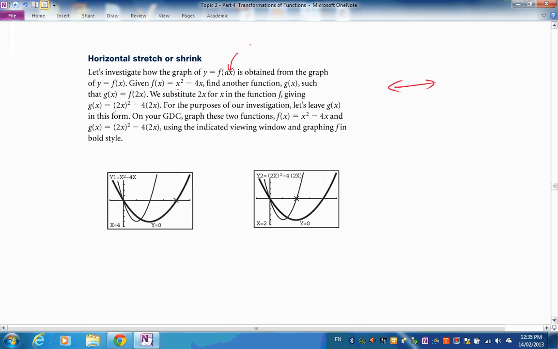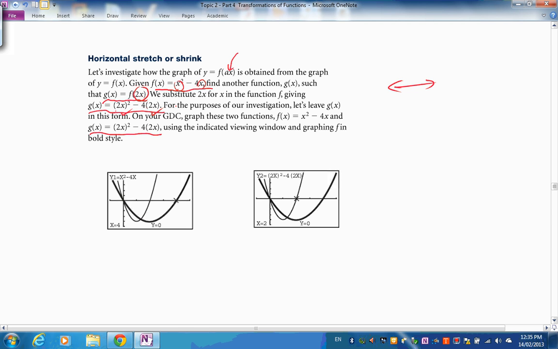So for example, let's say we're going to do a stretch by putting into f not x but 2x. So back in f we're going to change the function by putting 2x. Put 2x in place of x. So it's 2x squared, and in place of x there, 4 times 2x. And so our final function is this thing here.